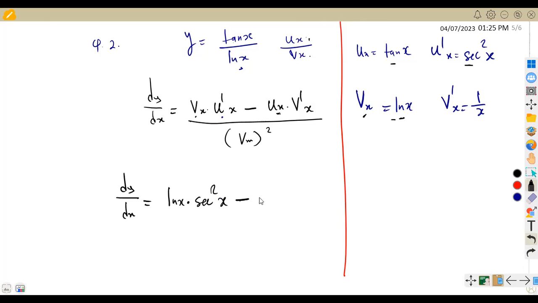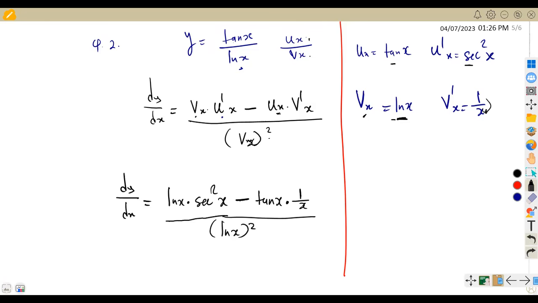Our u(x) is tan x, so this is tan x times the derivative of v, which is 1 over x. Everything that we have here over v(x) squared, of which our v(x) is ln x, so this is going to be ln x, everything squared. Okay, so this is what we are having. You can simplify further if you want, but that's what you're going to have in this case.